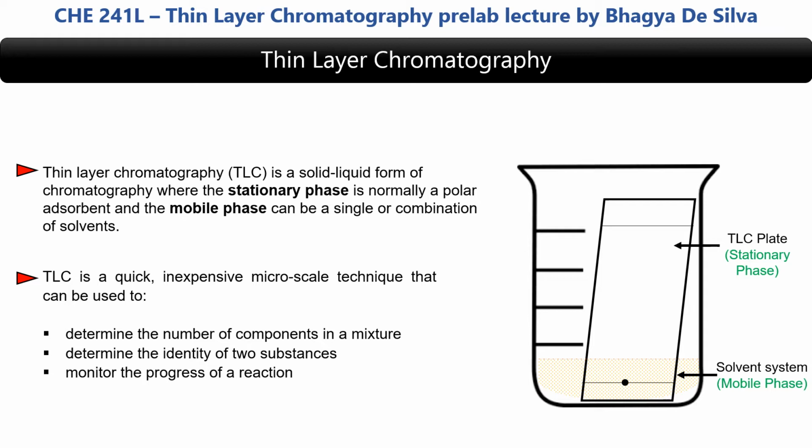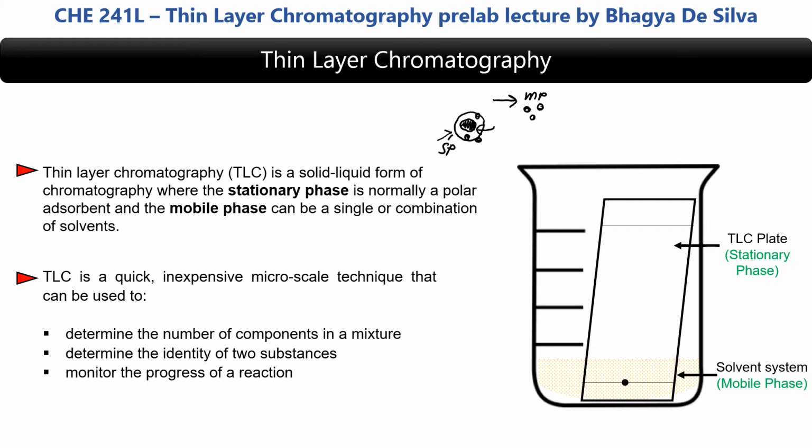For example, in gas chromatography, we had a thin layer of liquid coated on some solid beads as the stationary phase, and we had a carrier gas that served as the mobile phase. The molecules were separated based on how well they interacted with the liquid phase or with the gas phase.